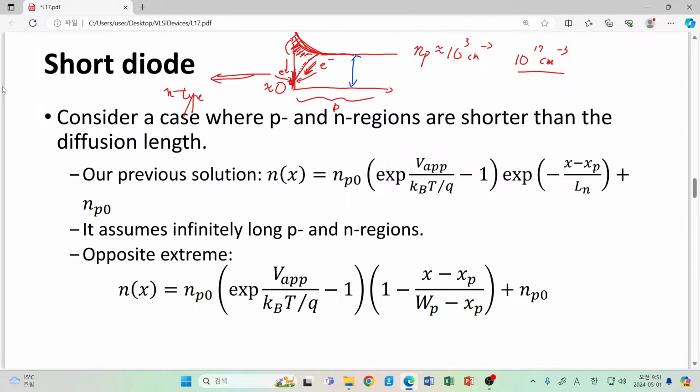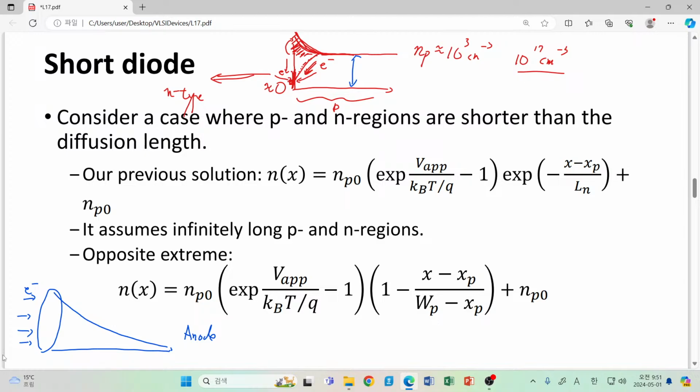As I told you before, our main discussion was for long diode. It means that when electrons are injected into this minority region, we have a sufficiently long length for them to be recombined fully and finally arrive at the anode contact.